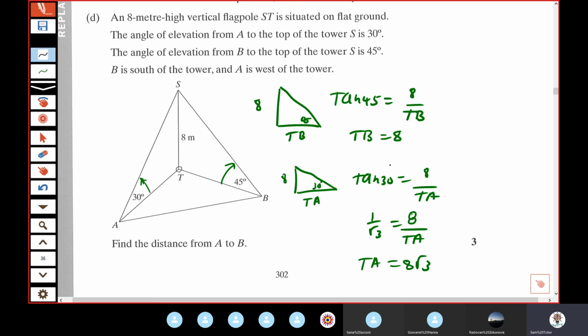Not sure how to find something? Yep, 1 sec. I'll slow down. We did 1 on root 3. Tan 30, plug it into your calculator.